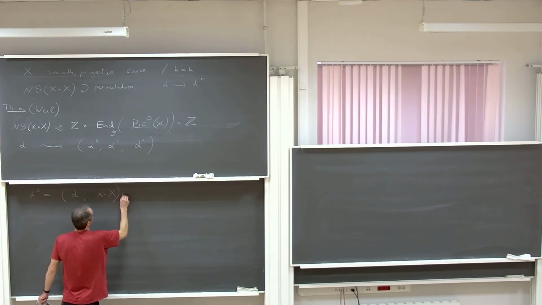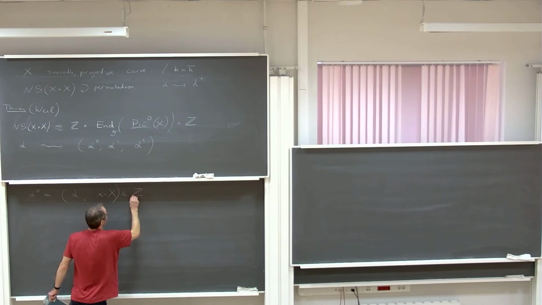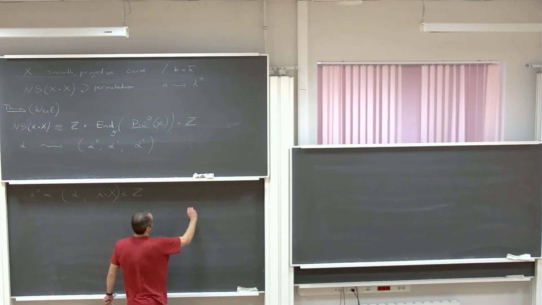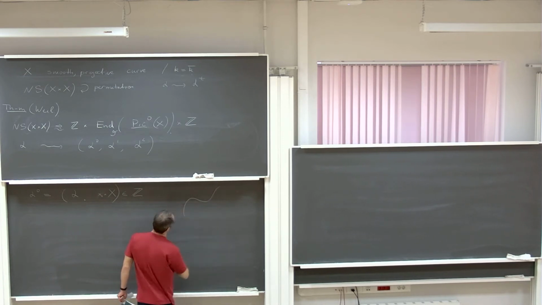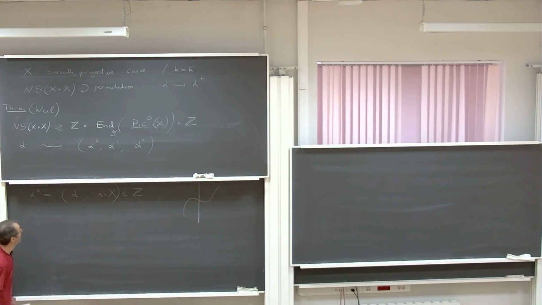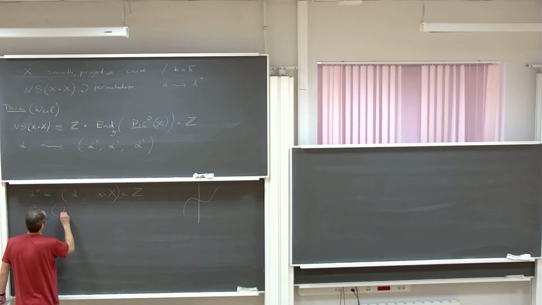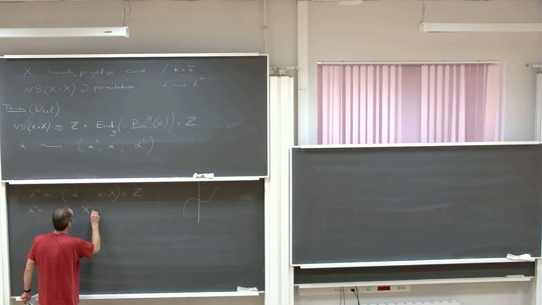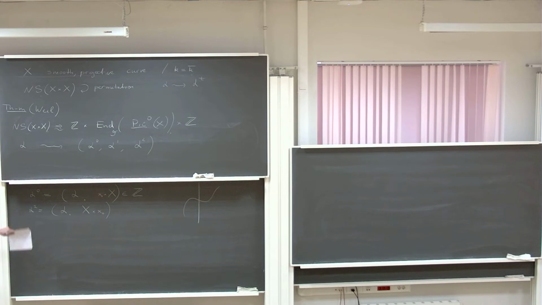This gives me an integer. So I take a cycle on X times X, and I intersect it with the vertical line. And alpha 2 is the intersection of alpha with the horizontal line. And the definition of alpha 1 is more involved.